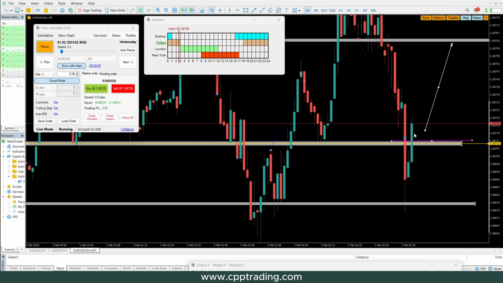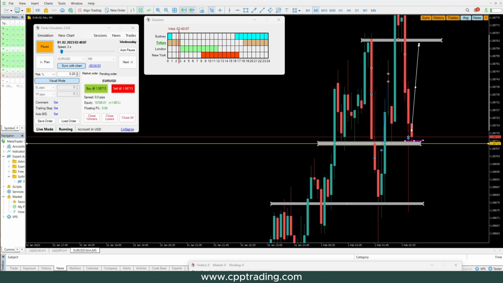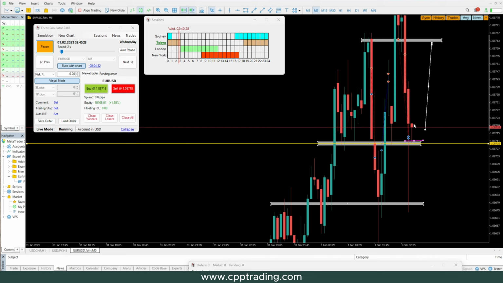We're still waiting for this 1 minute to close. Let's see on the 5 minutes. The 5 minute has closed with a very large lower wick. You see how this candle is now moving down? It does not yet have an upper wick, so this is going to be the creation of a lower wick here on the 5 minute.